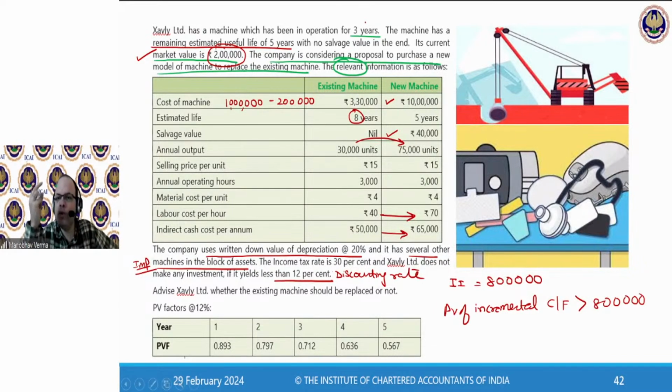The next step is, so we know the initial investment is 8 lakhs. The next step is to calculate the incremental cash inflows, guys.